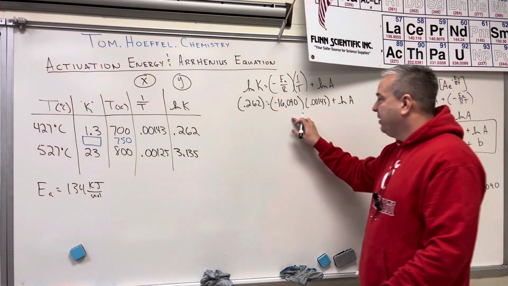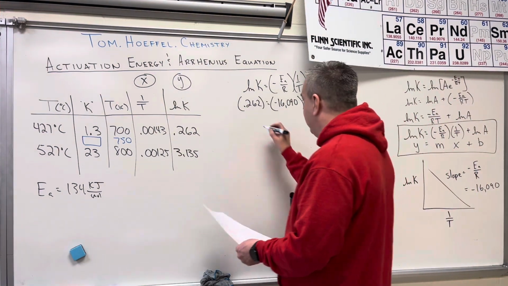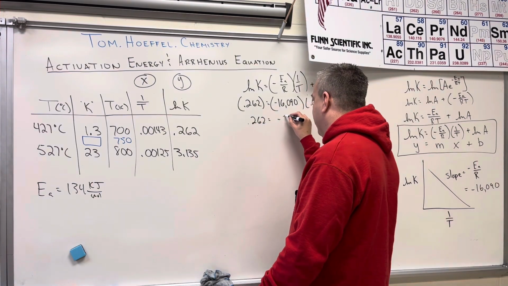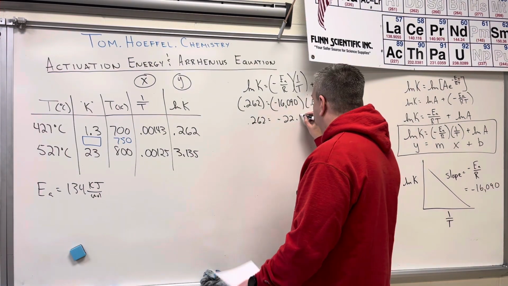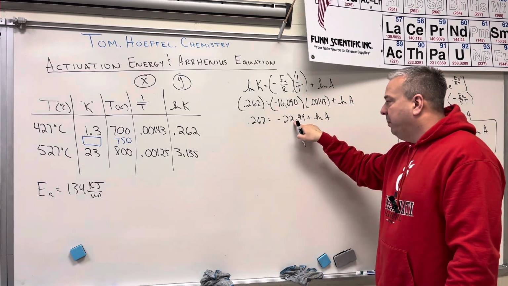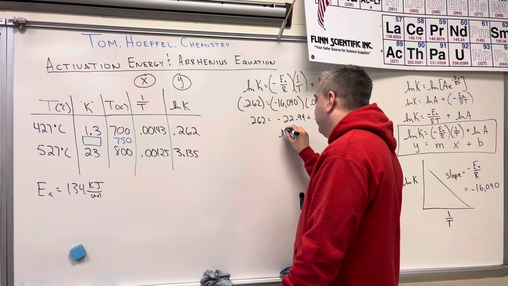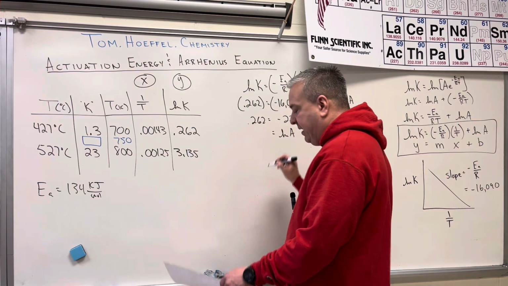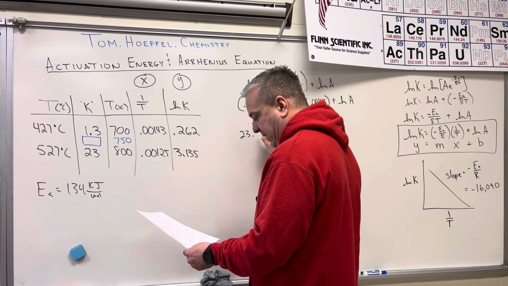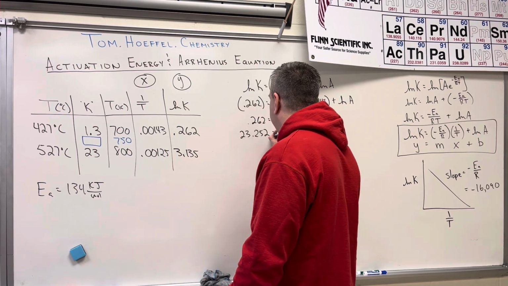Okay, so multiplying these two numbers together, we would get something that would look like this. It ends up being negative 22.99 plus the natural log of A. We're going to bring this to the other side, so the natural log of A is equal to 23.252.